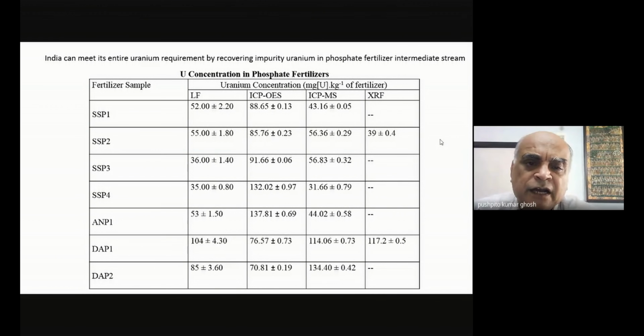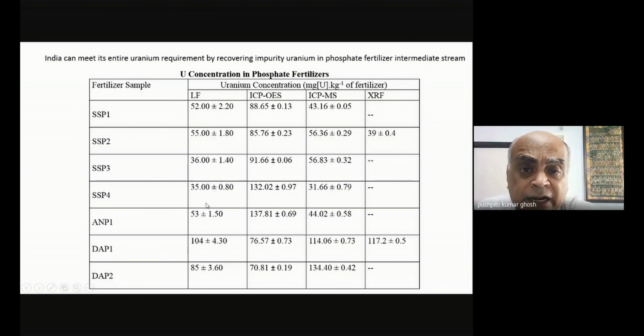Okay. And sure enough, when we analyzed the uranium content in our phosphate fertilizers, this is what commercially we apply on the ground in the fields.